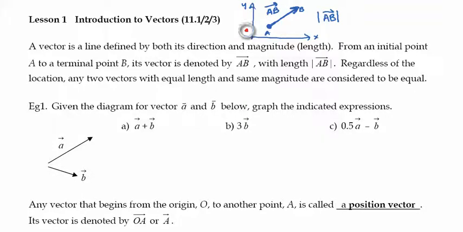Let's say I have a point here, and this line has exactly the same length as the one that I drew, with the same direction, so I can consider this line as the same vector as the one that we drew. It doesn't matter at which point you start to draw your line. If they go in the same direction, as in parallel, and they have the same length, then they are considered to be the same.